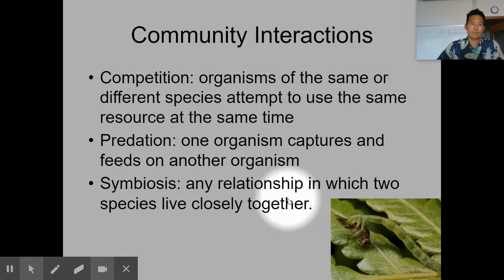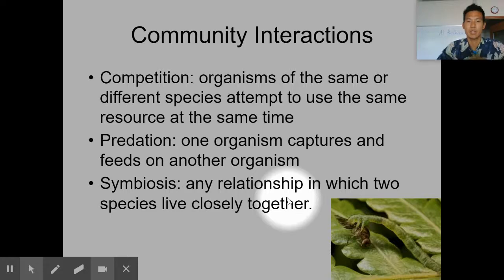Now there are three main kinds of interactions. You've got competition, when the same or different species attempt to use the same resource. Anytime two individuals attempt to use the same resource, it's competition. And remember, in nature, if you compete and you miss on a resource, most likely you will not survive.